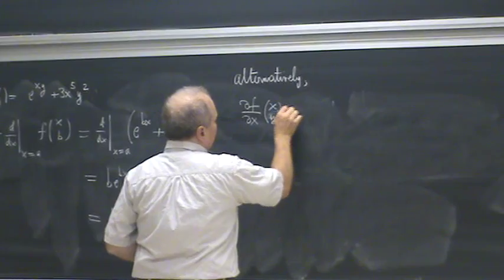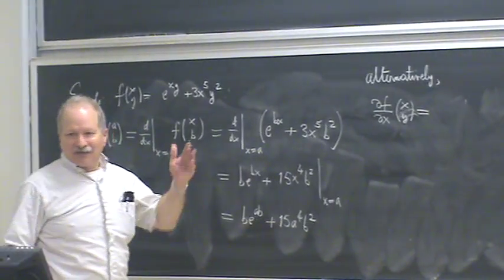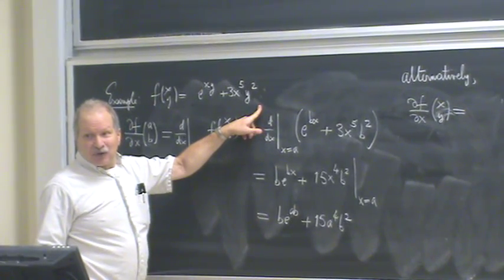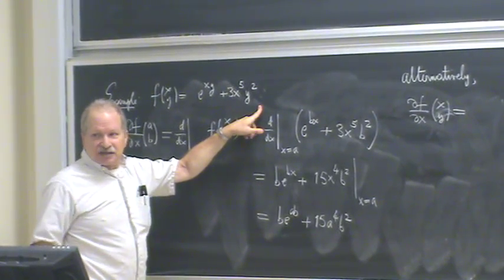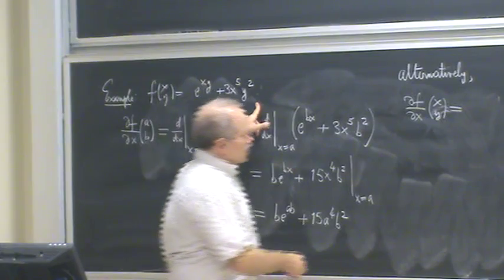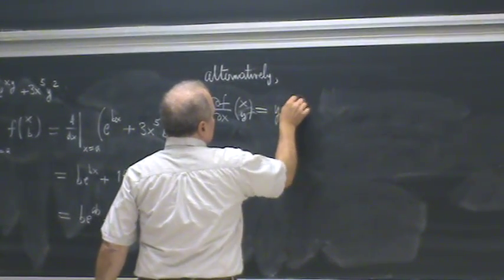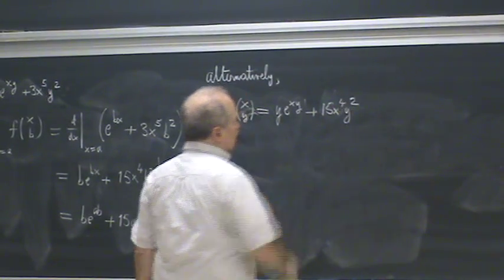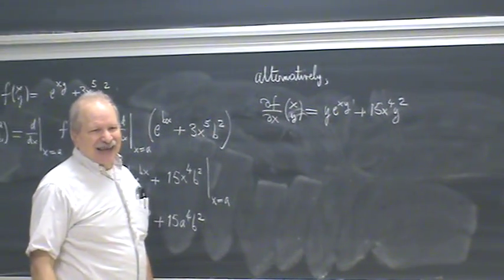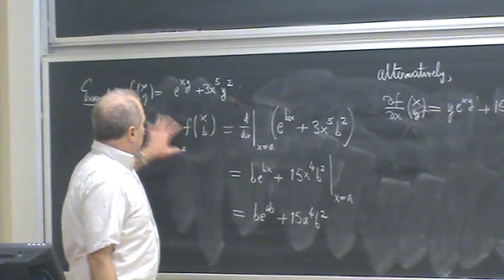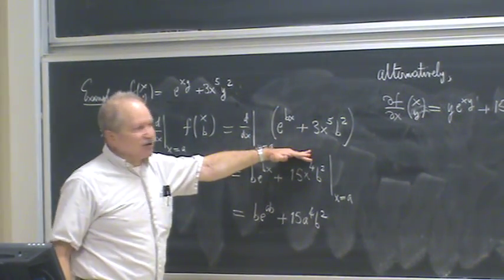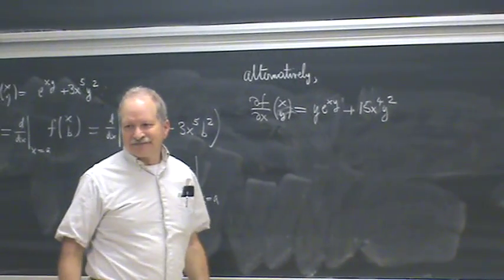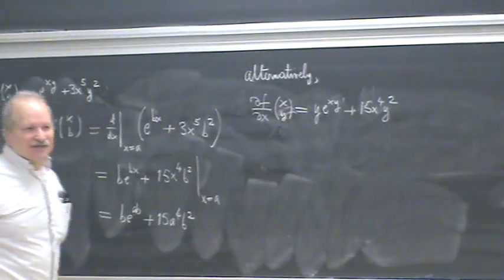So I'm really doing the partial derivative as a function of x and y. Just take the derivative of this expression with respect to x, treating y as constant. So we've got y e to the xy plus 15x to the fourth y squared. To me, that's easier than doing the step of substituting, and then I can say, well, if I want this at (a, b), I'll just plug in a and b. Okay?